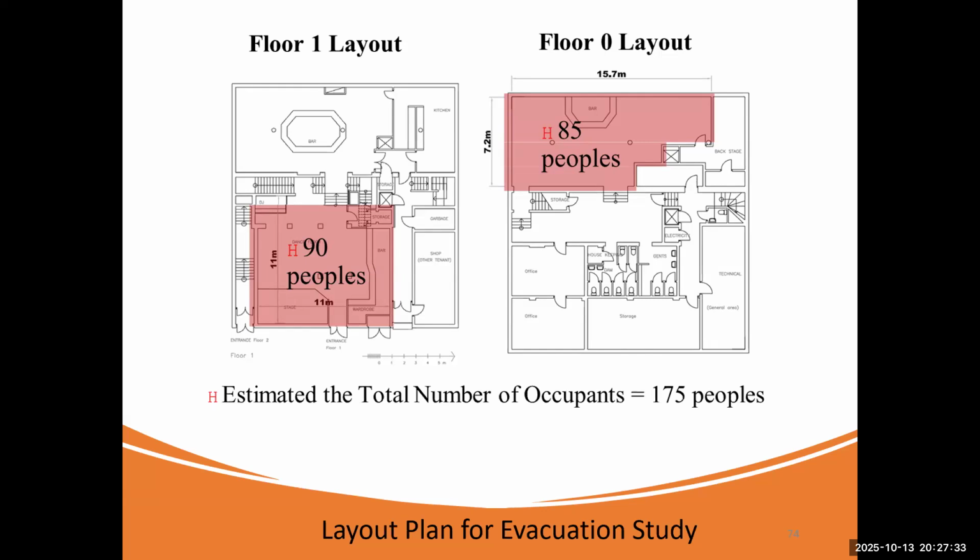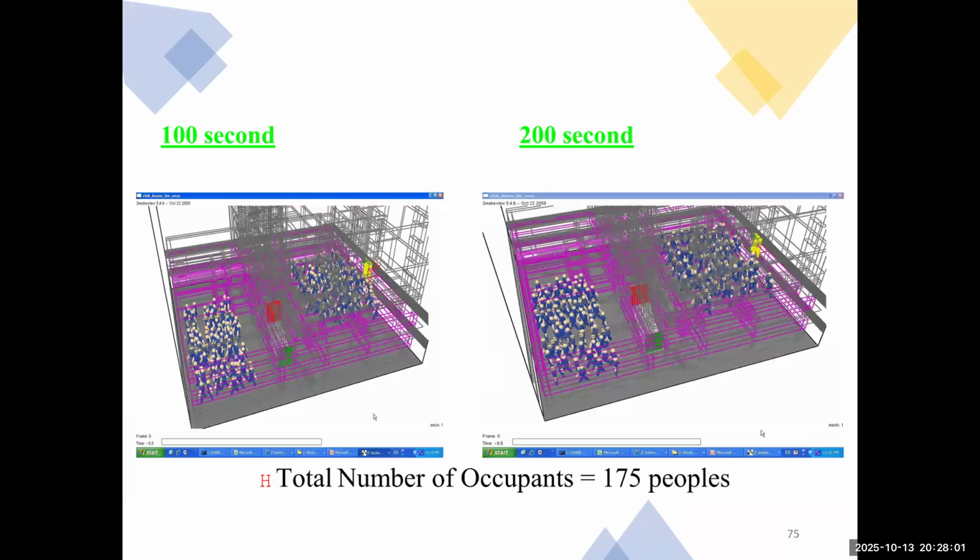So here we estimate 174 people on the nightclub floor at the time of the fire. We have 90 people on floor 1 and another 85 people on floor 0. So the total number will be 175 people. This is the layout plan for our evacuation study.